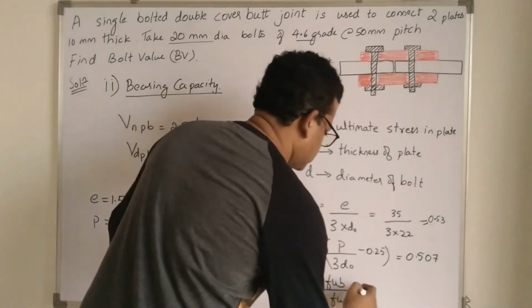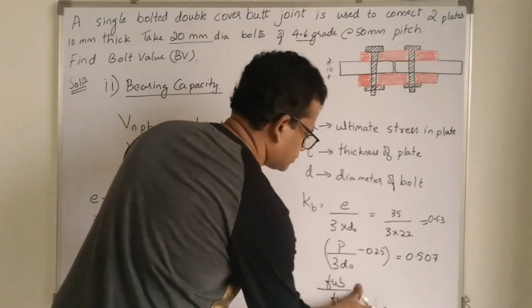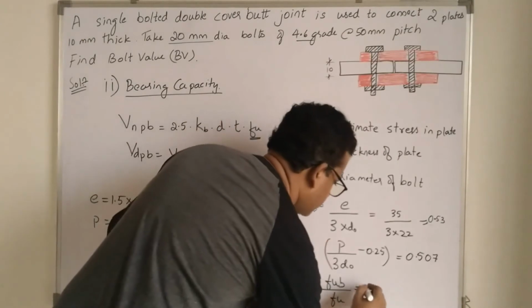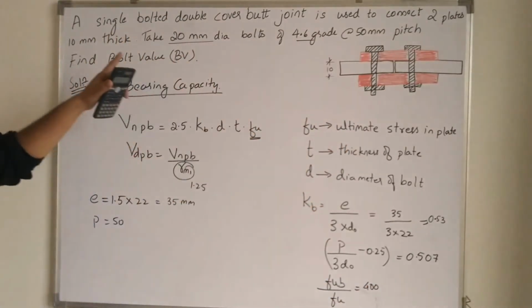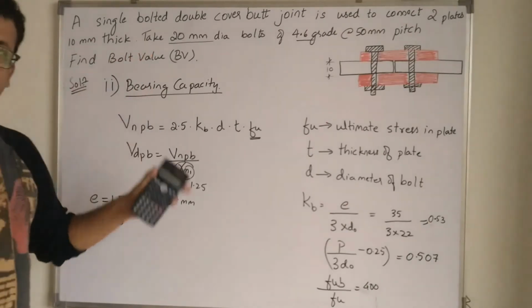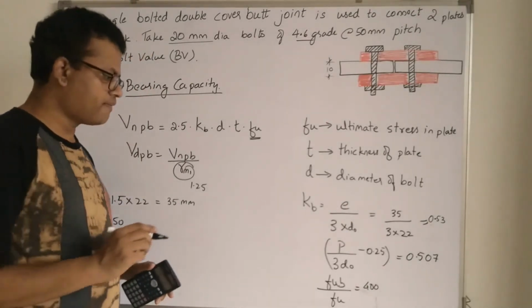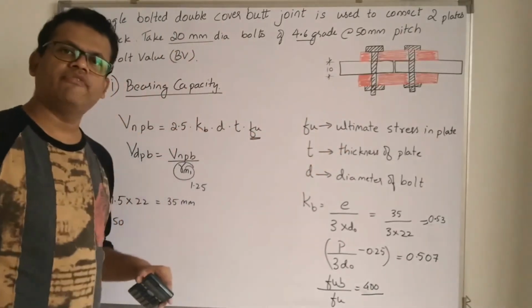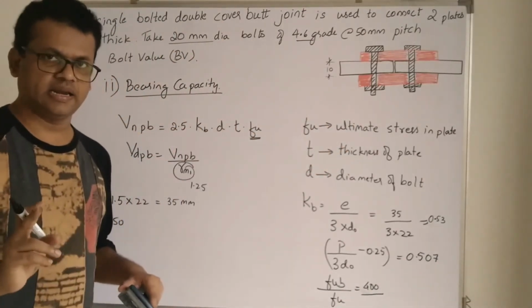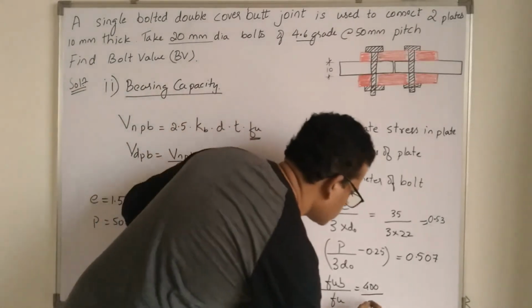So the ultimate stress of bolt is 400 because we know it, but the ultimate stress of plate is not given here in the question. So please remember, whenever the ultimate stress of plate is not given, we take the value as 410.